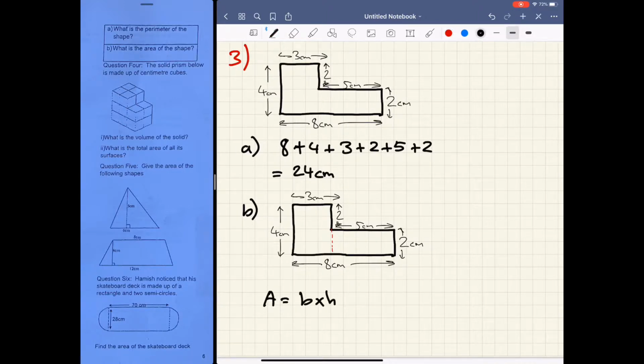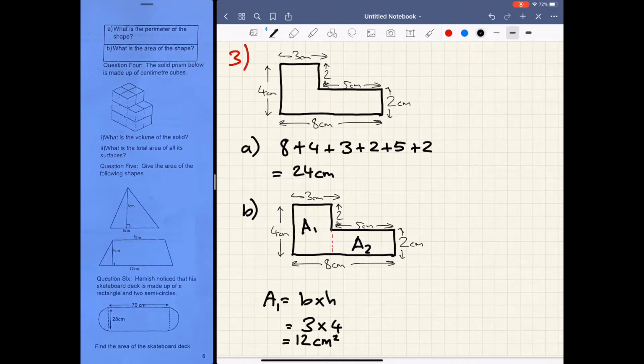We'll call this one area 1 and area 2. So area 1 equals 3 times 4, right? You've got 3 along here, 4 as the height, and that equals 12 centimeters, and area is always squared.